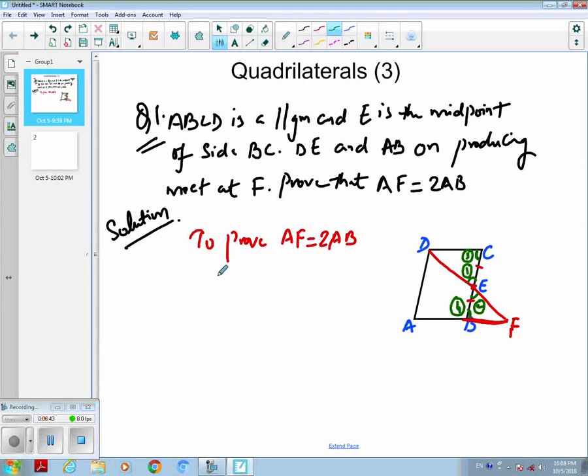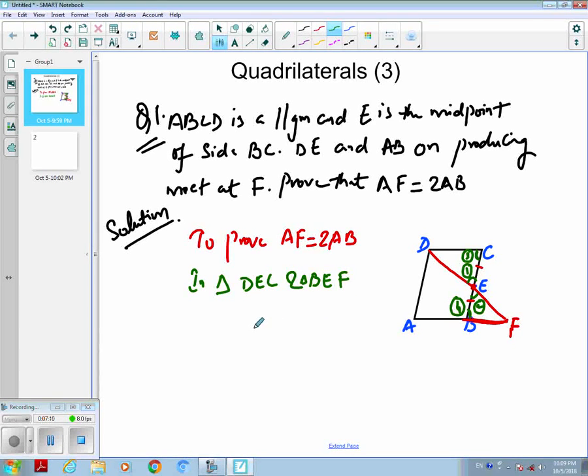So in triangle DEC and triangle BEF, we take these two triangles, triangle DEC, this one, and triangle BEF, this one.